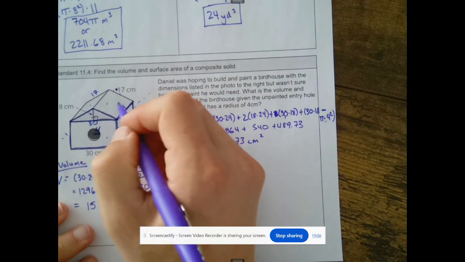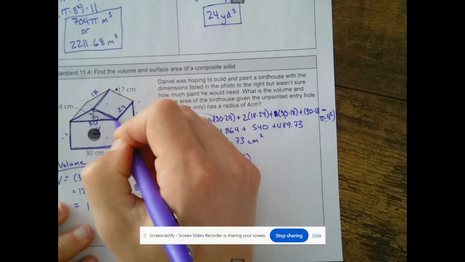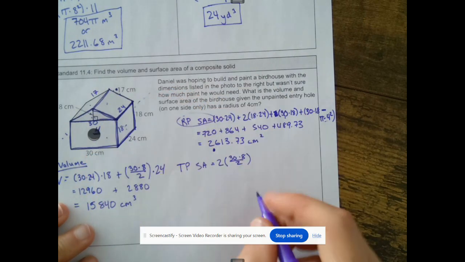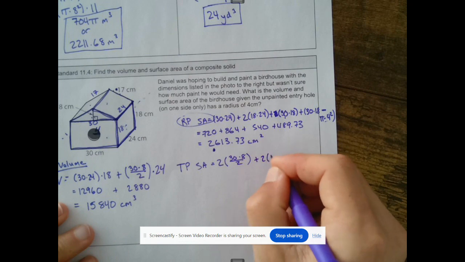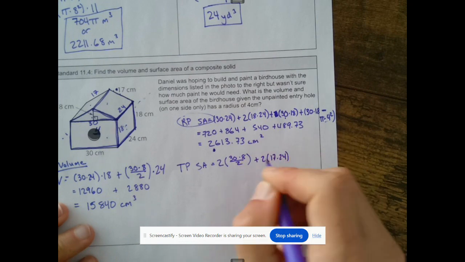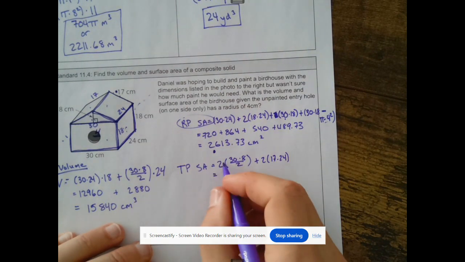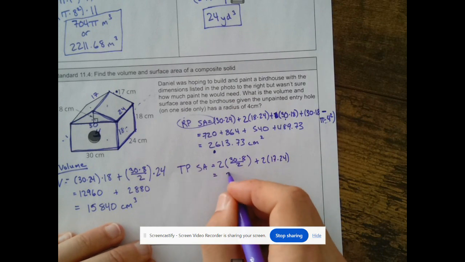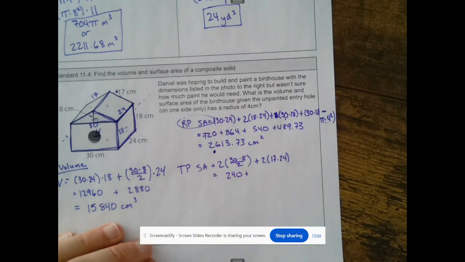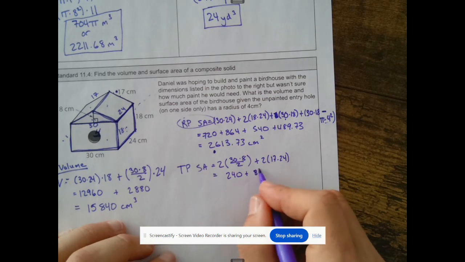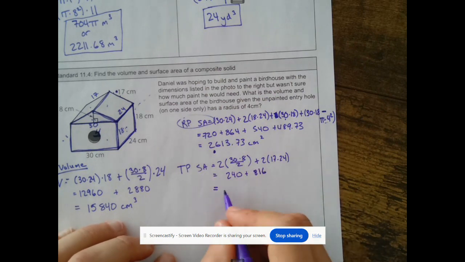So each of those faces is a rectangle measuring 17 by 24. So 2 times 17 times 24. Turns out 30 times 8 divided by 2 times 2 is 240. 17 times 24 times 2 is 816. Add those two together, and you're going to get 1,056.